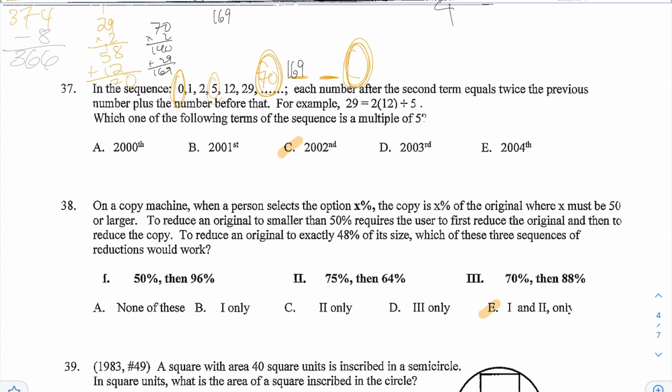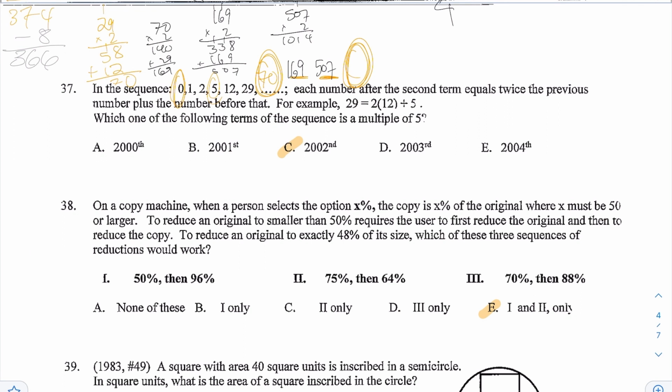You do 169 times 2. And then want to add 169 to this. You have 507. All right, and you have 507, double that.